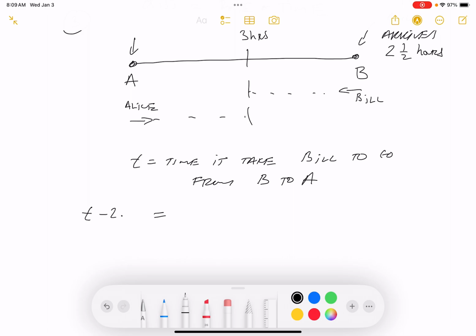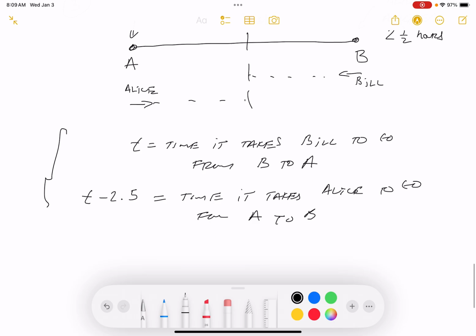I'll use a decimal number though. So this is the time it takes Alice to go from A to B. All right. Boy, this is complicated, isn't it?